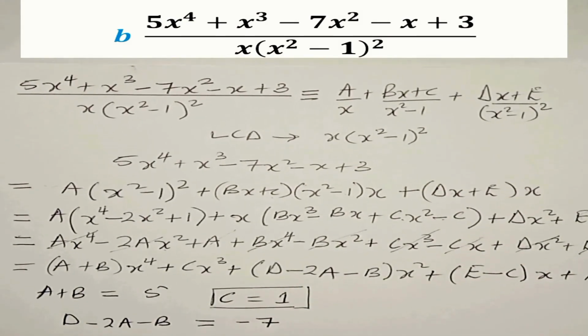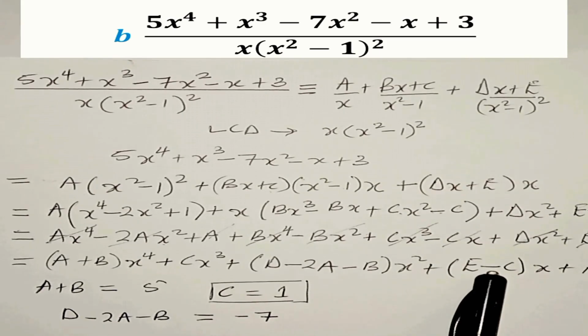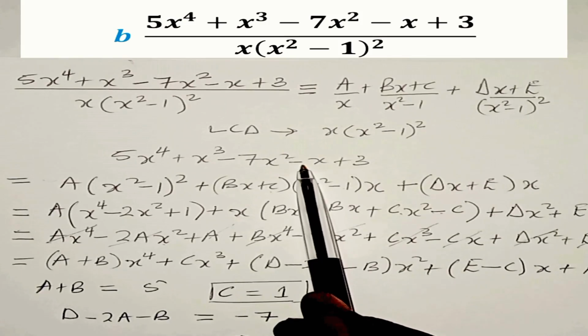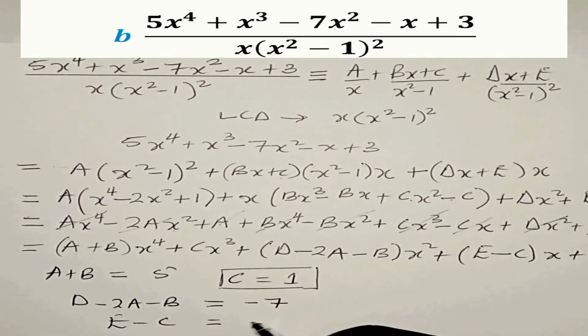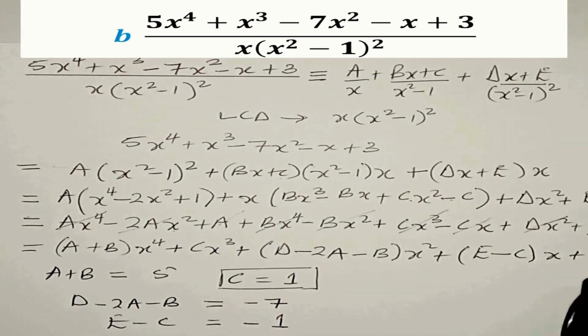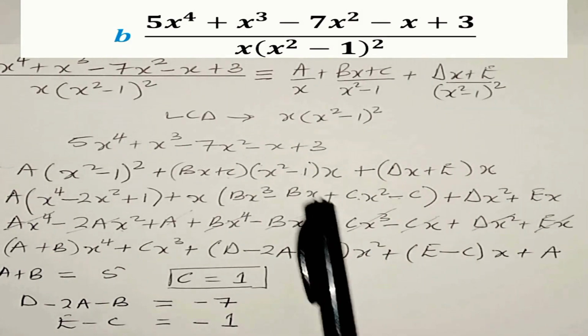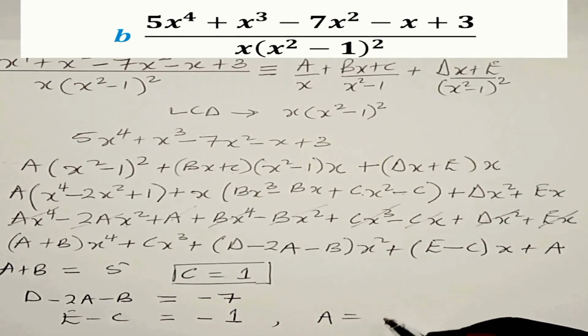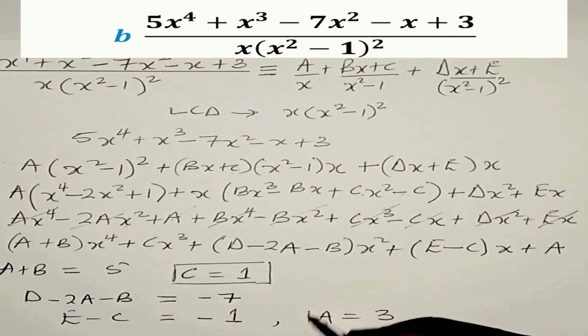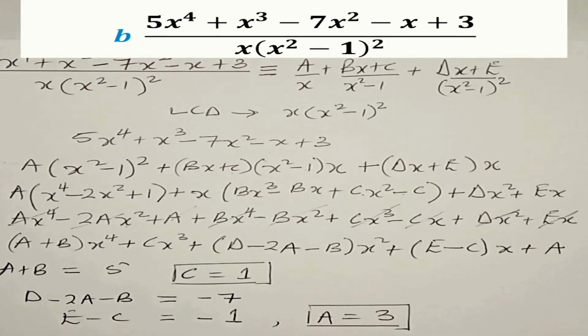And then we also have e minus c, coefficients of x. So we say e minus c is equal to minus 1. And then we compare a and this constant 3. Then we say now a is equal to 3. We have found two constants so far.